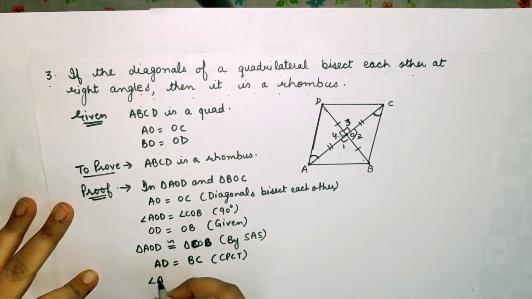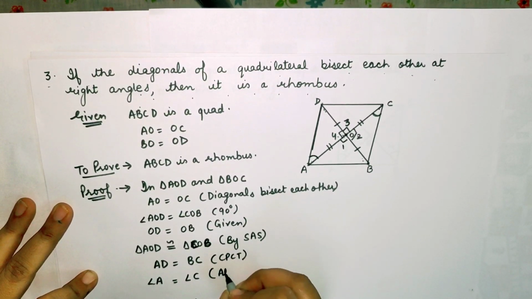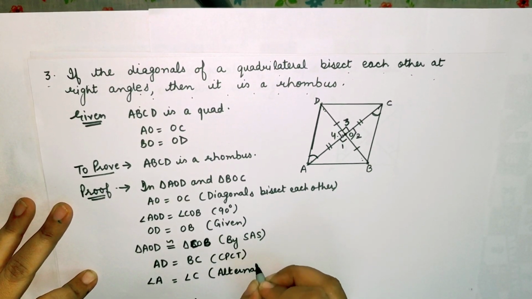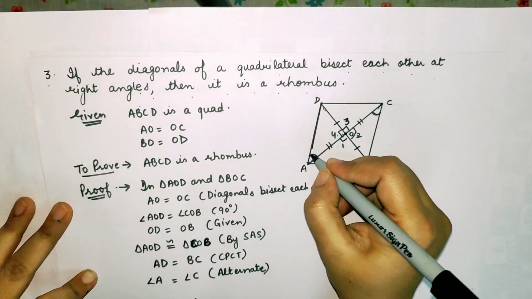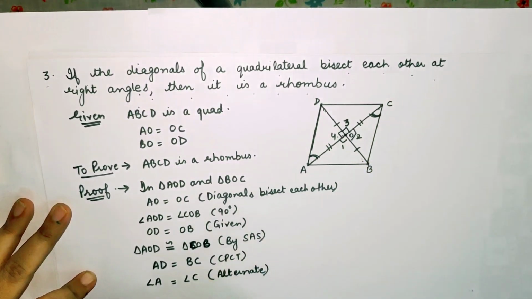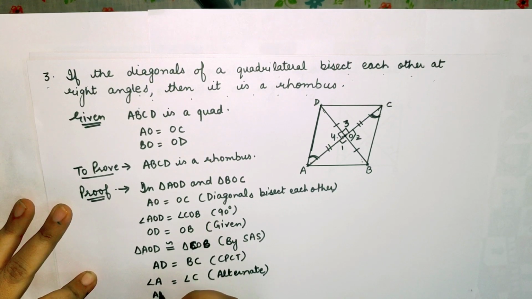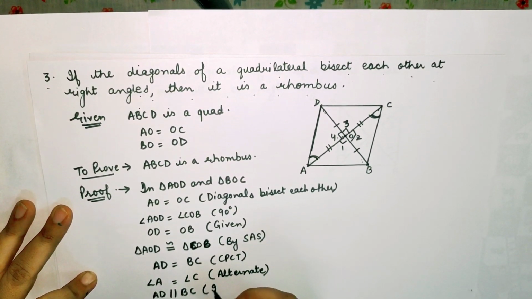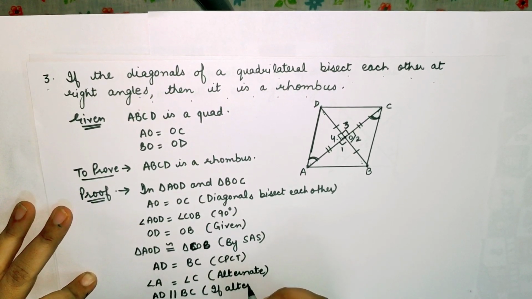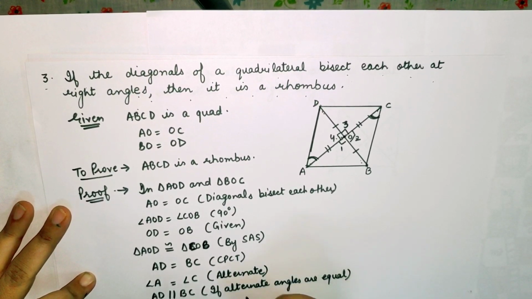Then angle A is equal to angle C, because these are alternate angles. These are also equal by CPCT. Therefore, if alternate angles are equal, then lines are parallel. It means AD is parallel to BC.